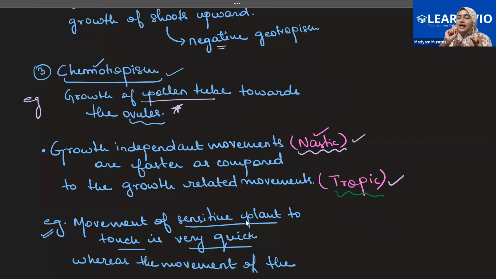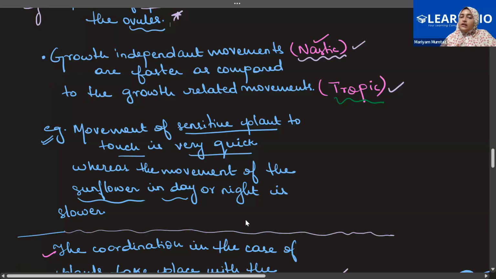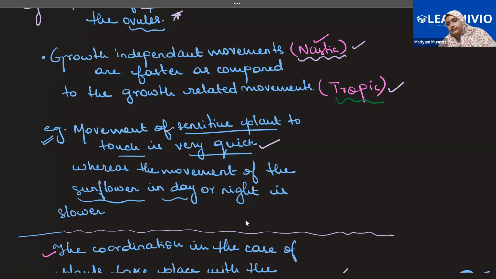So always remember that the growth-independent movements, that are nastic movements, are faster compared with the growth-related movements. Let's see an example. The movement of the sensitive plant to touch is very quick, whereas the movement of the sunflower in day or night is slower.